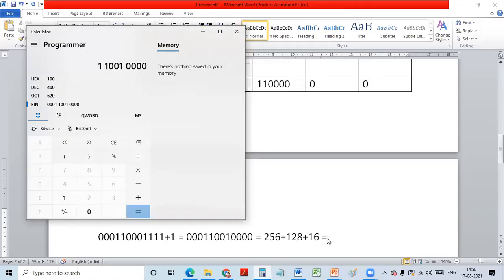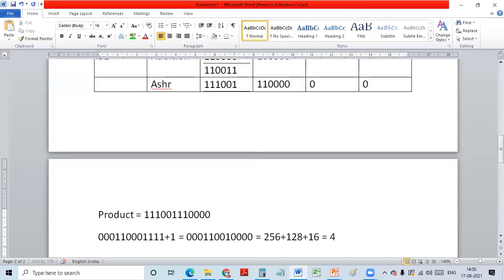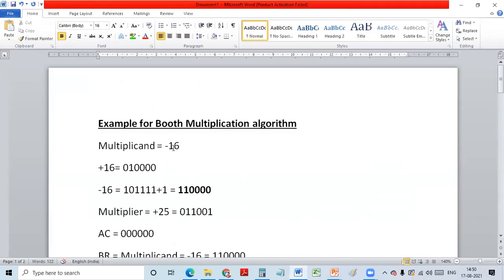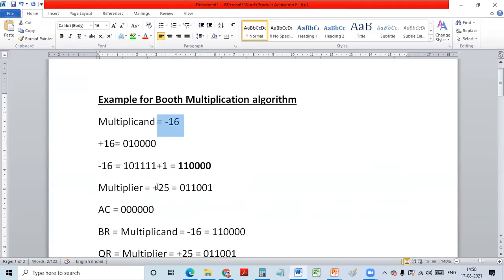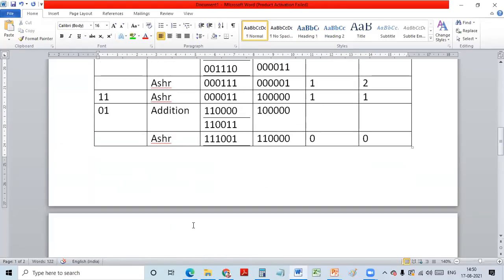Am I right? Yes, ma'am, 400. Since we got this 400 after 2's complement, the actual product is minus 400. 16 into 25 is 400. This is minus 16 into plus 25 is minus 400.